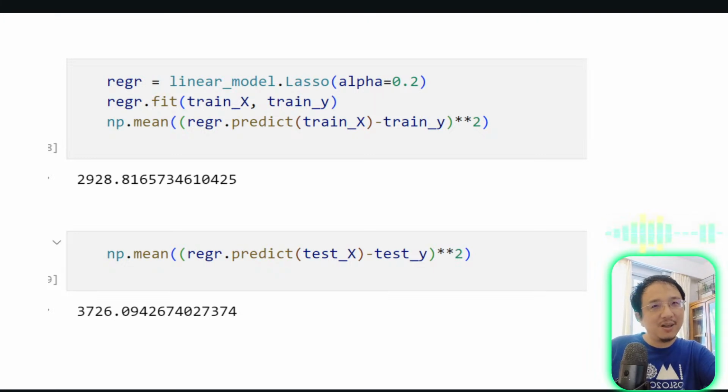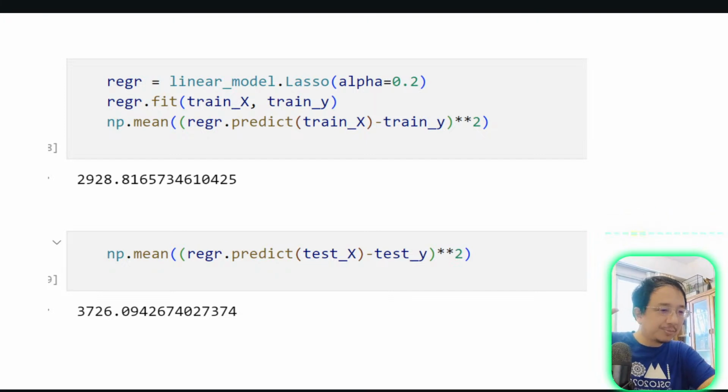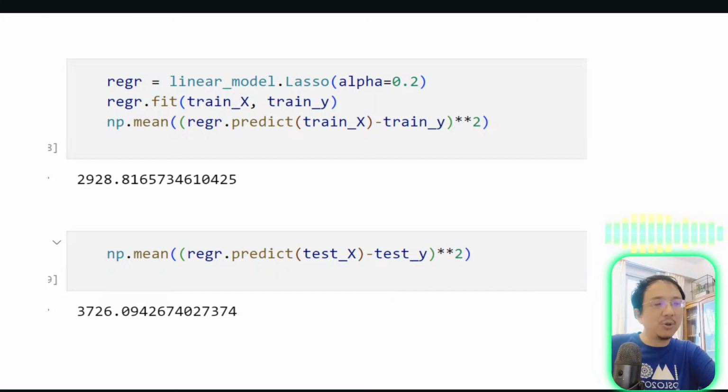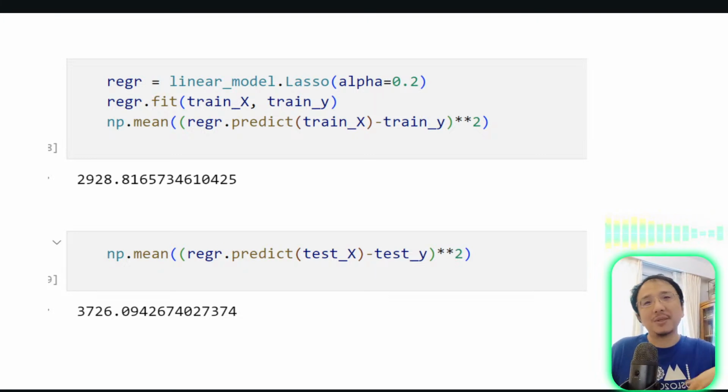If you get a very, very big alpha, the difference between the training and the testing performance is going to be negligible. But you have to have some balance between the overfitting and the testing performance and the training performance to get a better testing performance.